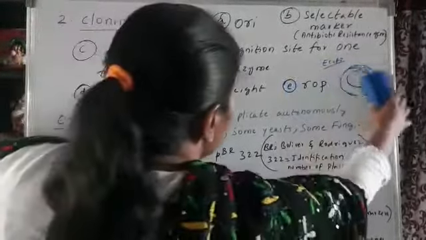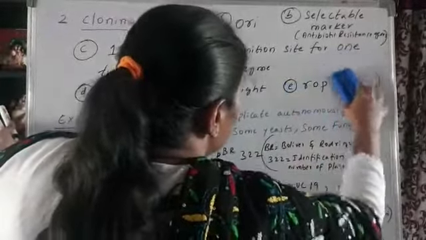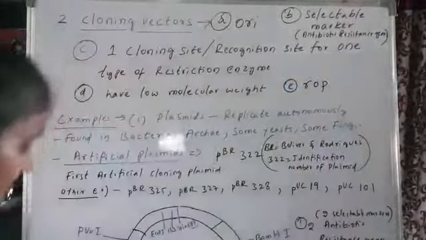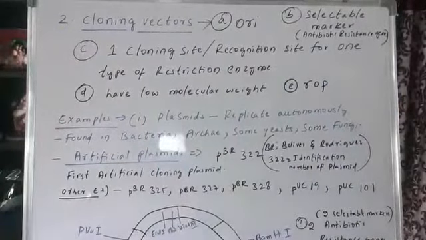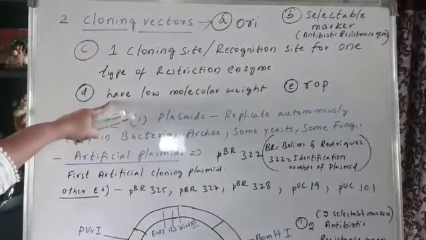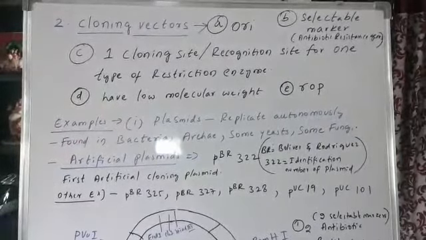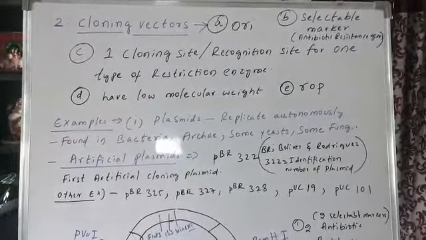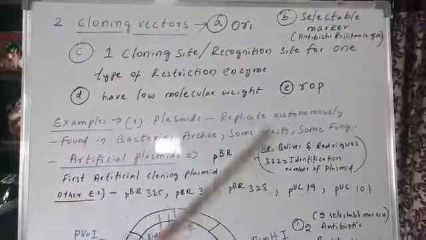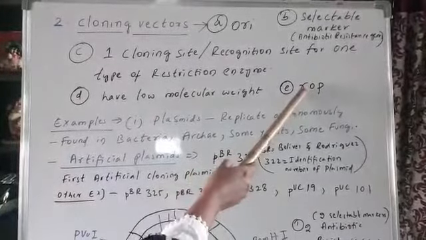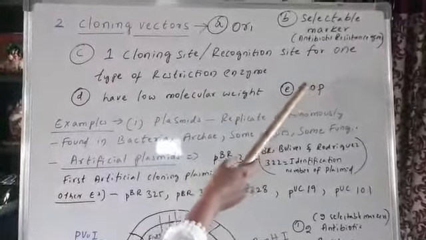The next important property is that a cloning vector should have low molecular weight. That means the size of the vector should be small, such that it is easy to handle. And the next important property is that the cloning vector should possess a region of protein.